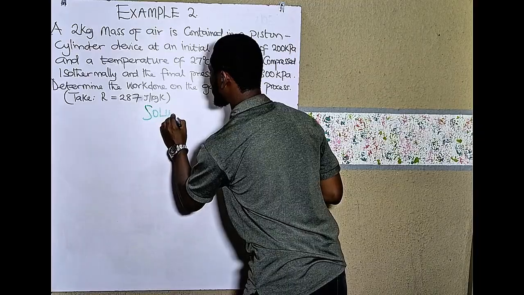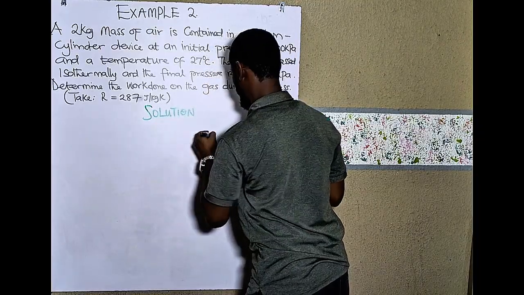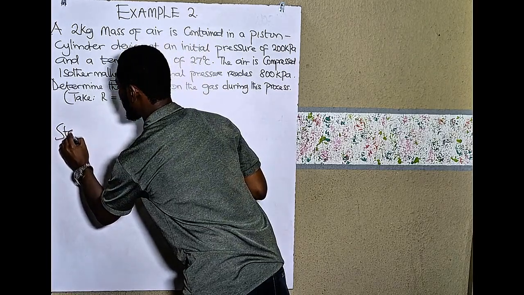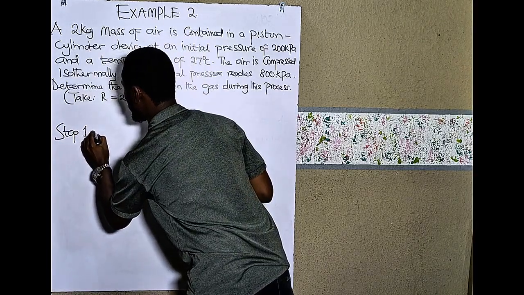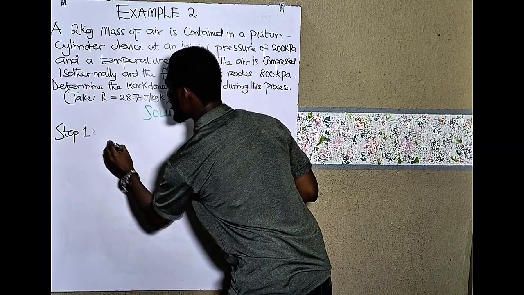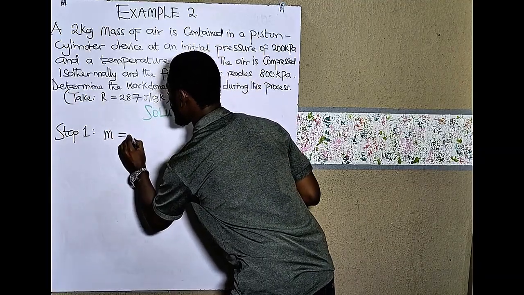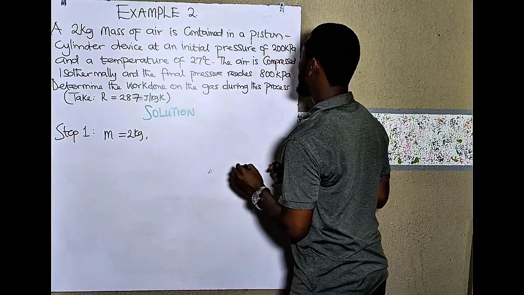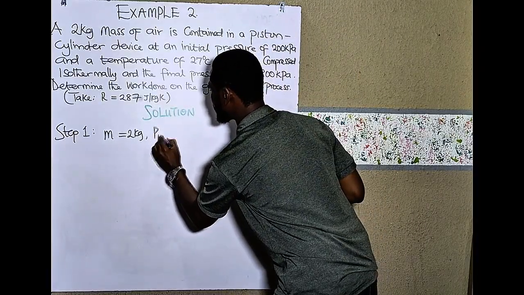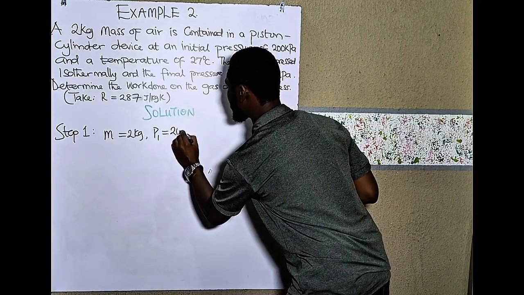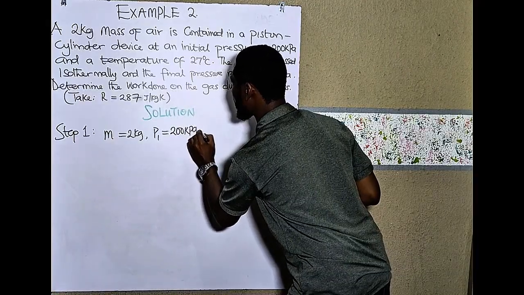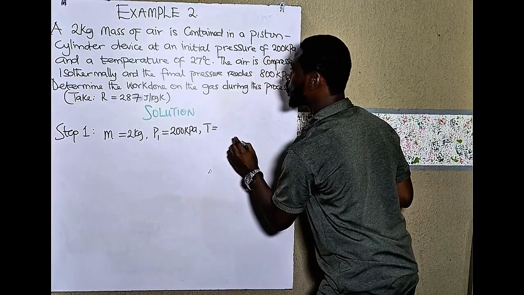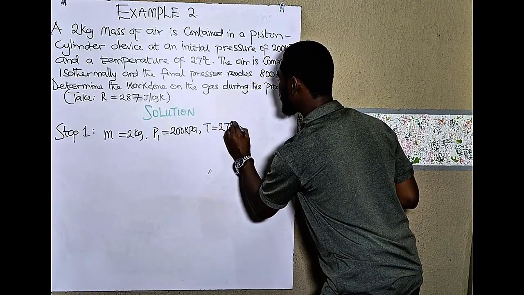Solution. Step 1. Bring out the given data. Mass m equals 2 kg. The initial pressure P1 equals 200 kPa. Initial temperature equals 27 degrees Celsius.